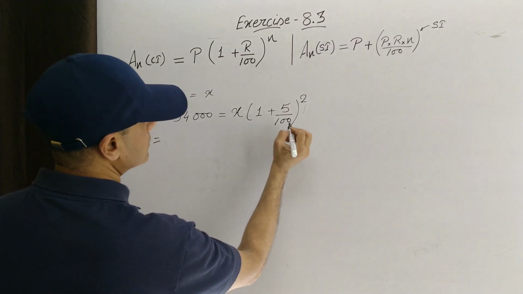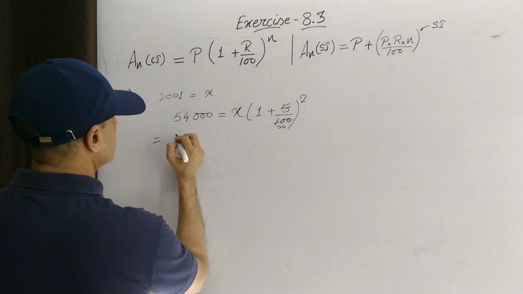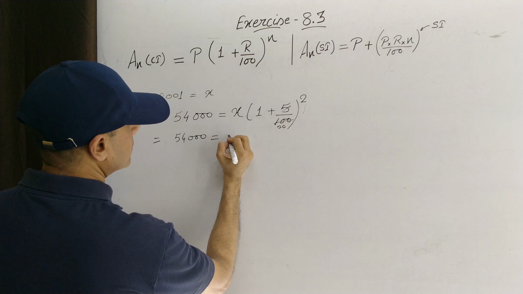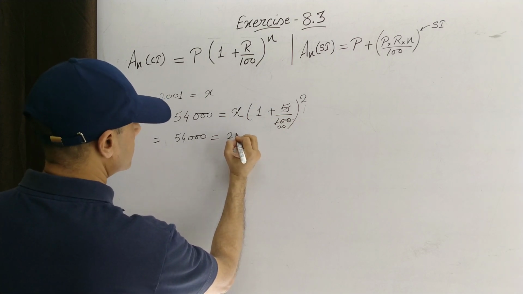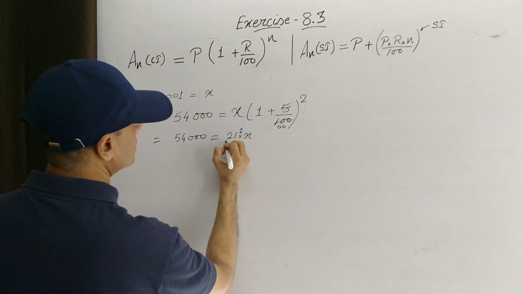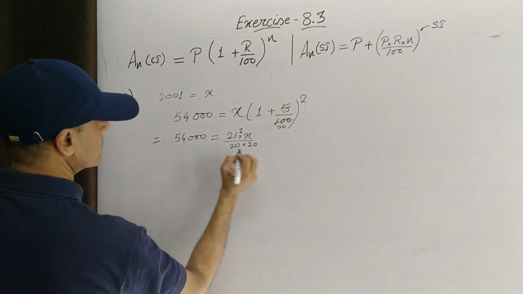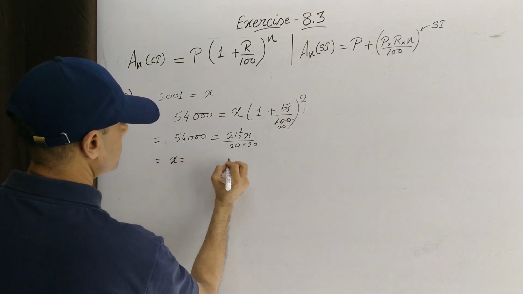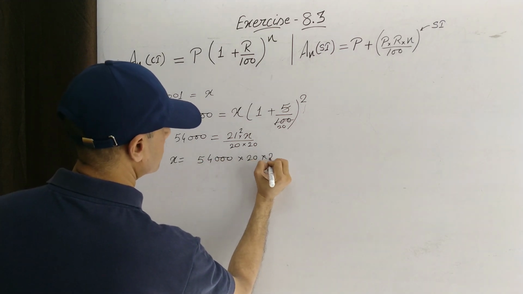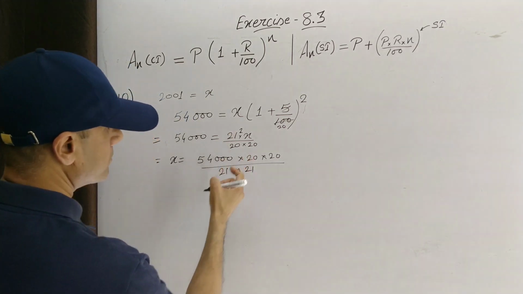So we get this as 21 square x into x divided by 20 into 20. So x is equal to 54,000 into 20 into 20 divided by 21 into 21.